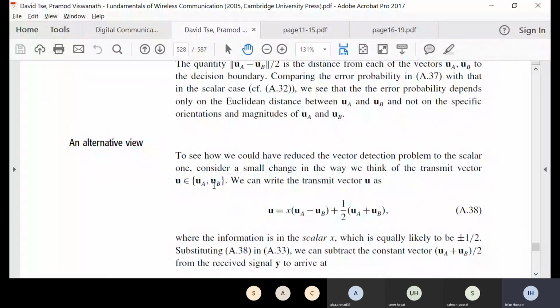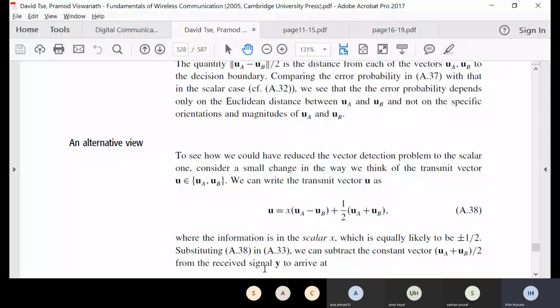Again, we have two vectors, UA and UB, and these vectors are in real space. So we have to again find the probability of error in the confusion of detecting either UA or UB in the real space. Let us say we transmit vector U. Generally, we represent it as follows, and you can say that U is equal to this expression.